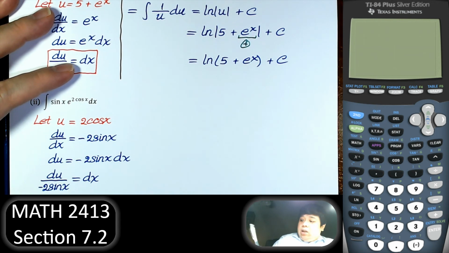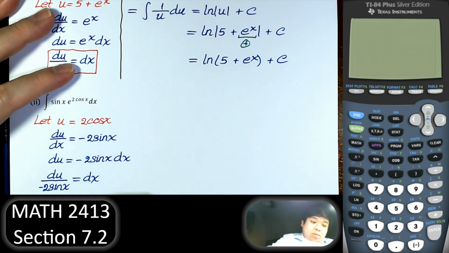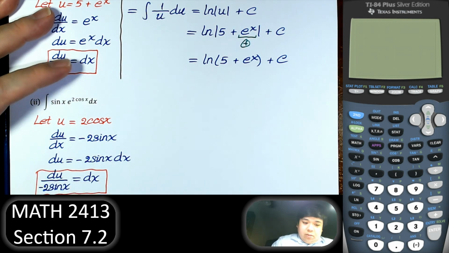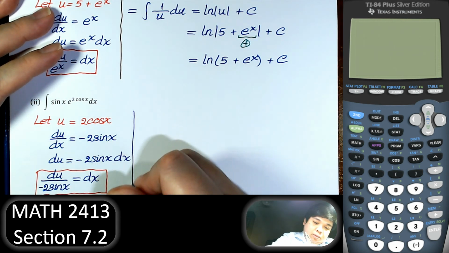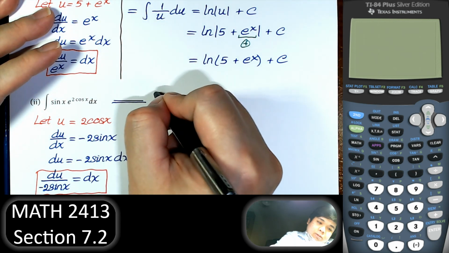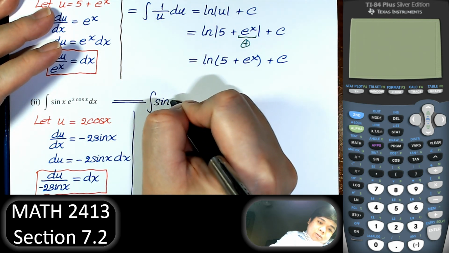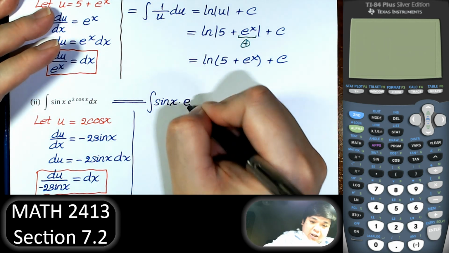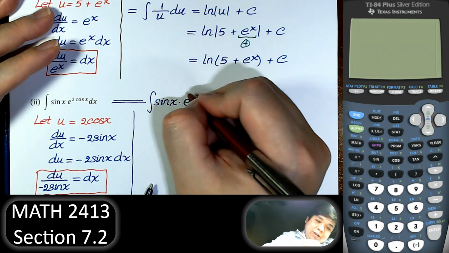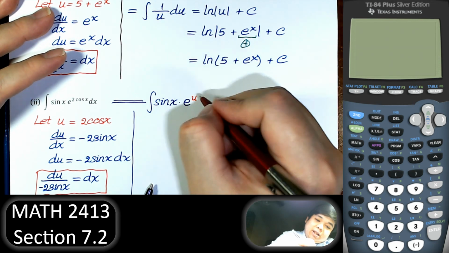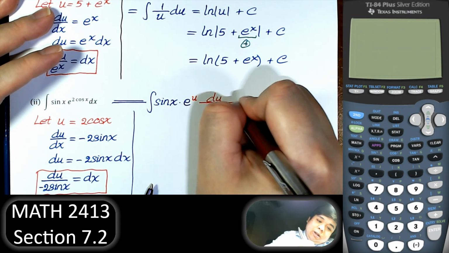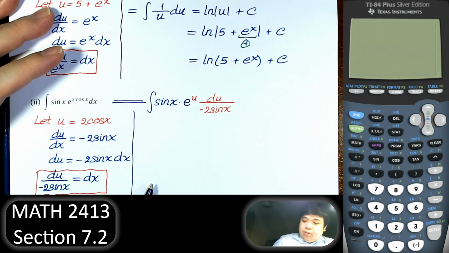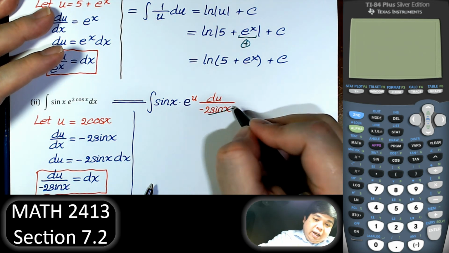So we have sine x, and then e to the u. dx is du over negative 2 sine x. Cancel out the sine x.